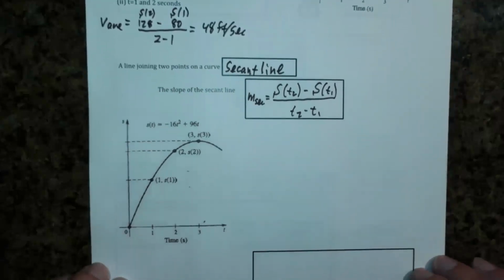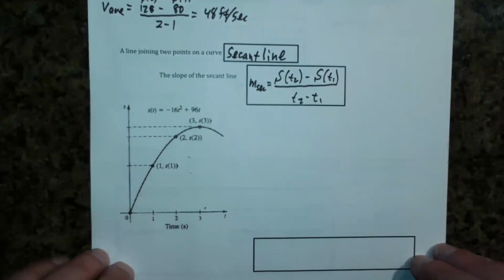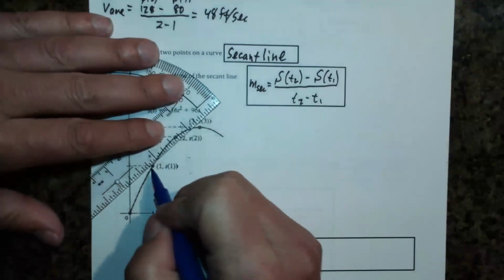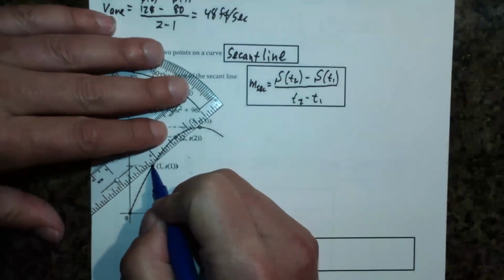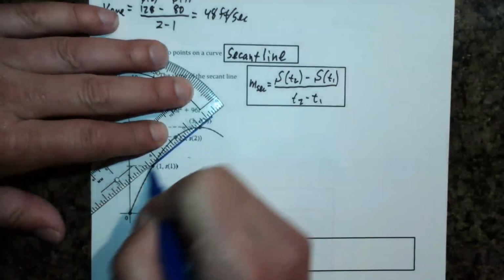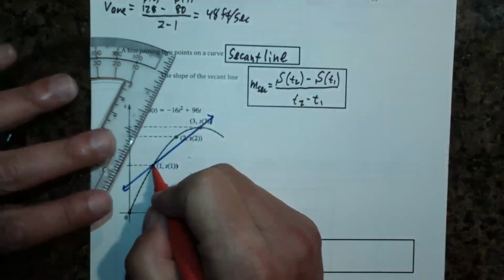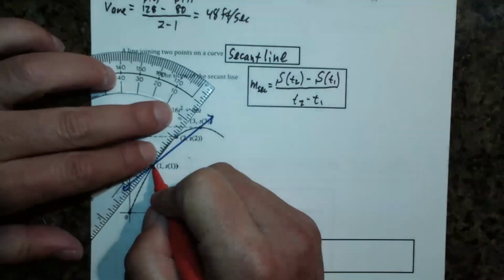That's nothing too new. And so what we're doing, so this is the same curve that we had a moment ago. And I'm going to draw on the secant lines again. So our first secant line started here, went through here like this. And our second secant line went through here and here.